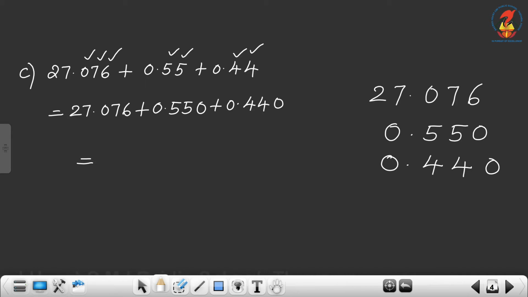Now look at that, the decimal point of the second number should be directly below the decimal point of the first decimal number. So the decimal points should be in a straight line. Then write at the correct places.